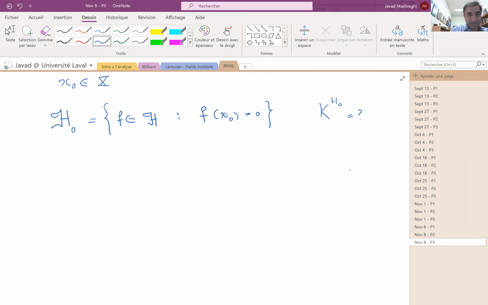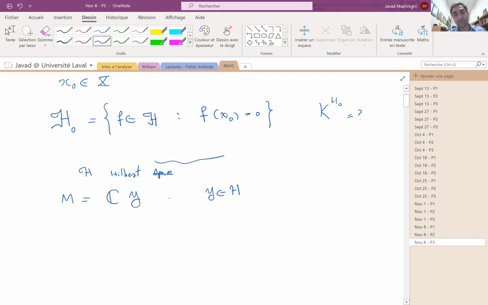by this observation. If you have M, a subspace generated by just one element Y, in a general Hilbert space H, and Y is in H, so we consider all multiples of Y. It's a subspace.